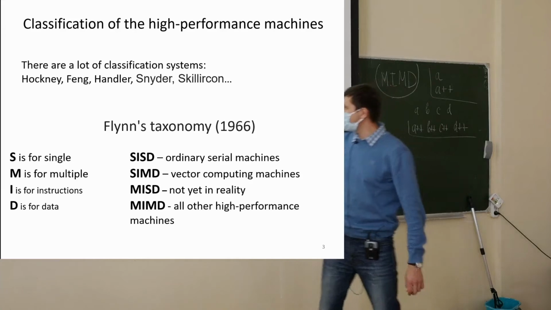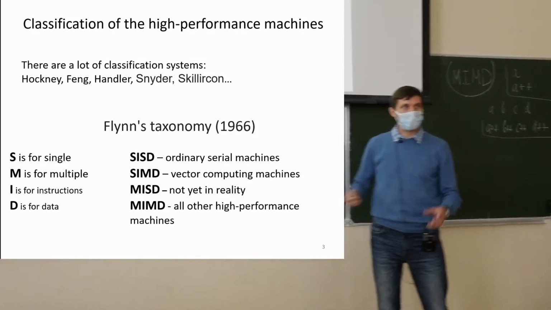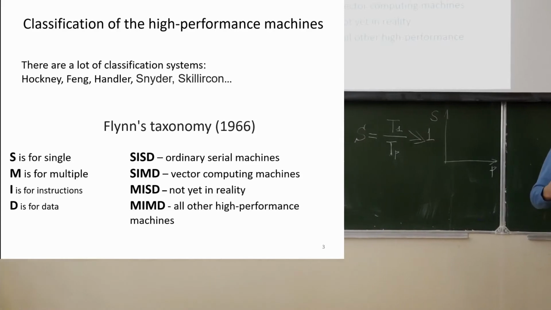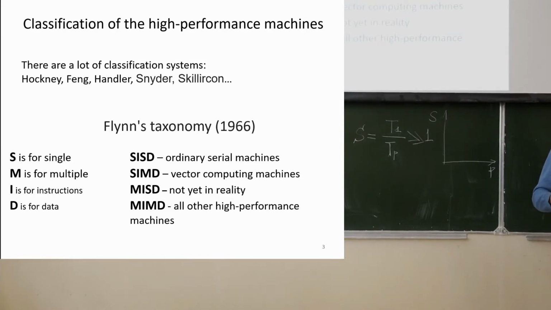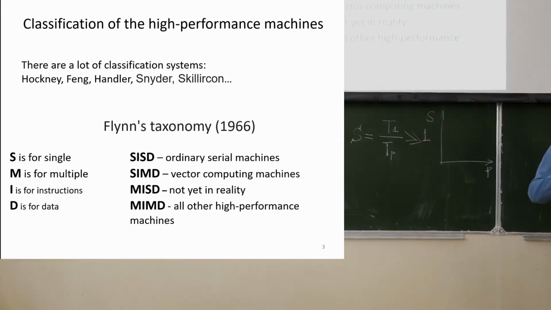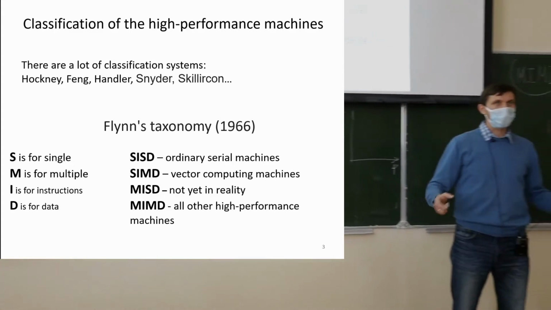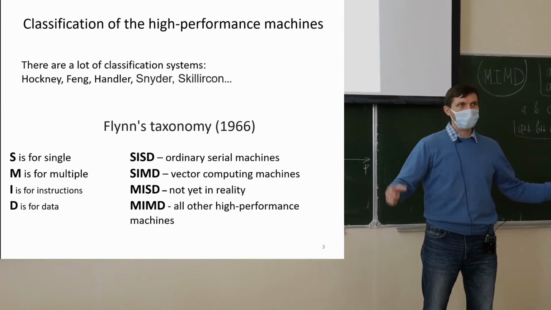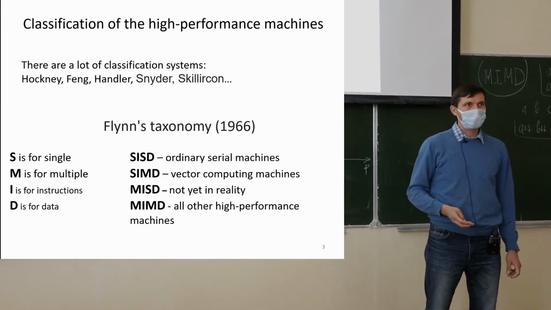Because to make the calculation time less, we have to somehow divide our task into parts, and each part has to be calculated using just one core. When you combine a lot of cores, you can divide your program or your task into several parts, each part for one core, and so on.